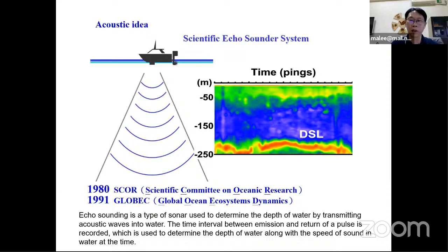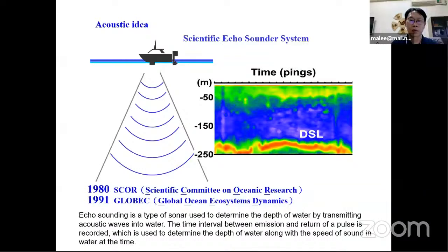From the right side, you can see the acoustic signal transferred from the surface into the water. From here, we can see a significant signal like the green color layer. This green layer in general is what we call the sound scattering layer.